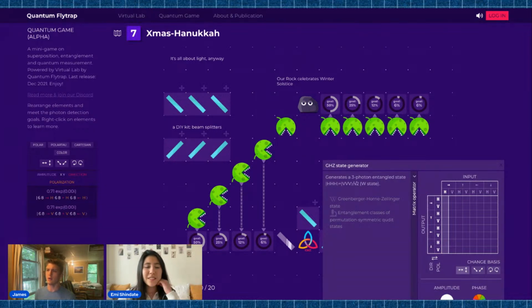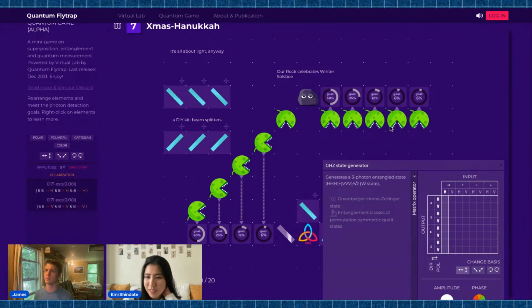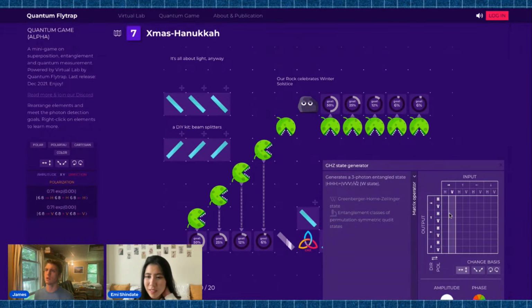Okay. This state implies that if 1 photon is measured to be in state 0 in brackets, the other 2 photons will also be found in state 0 in brackets. And then similarly, if one is in state 1, the others will be in state 1. Interesting. So you could have photons that are entangled in the same state or in opposite states.